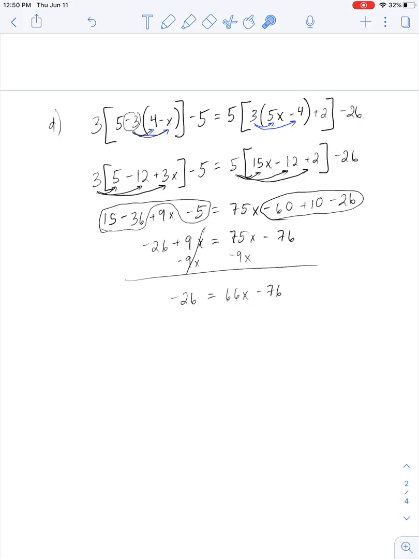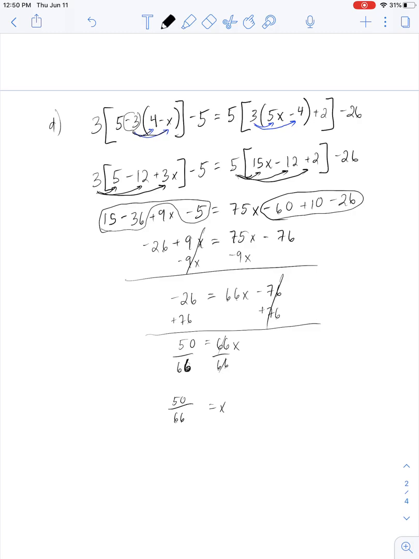We get rid of that last, so first we get rid of that minus 76 by adding it to both sides. This gives us a 50 equals a 66x. All right, now we just divide both sides by 66. So we get 50 over 66.